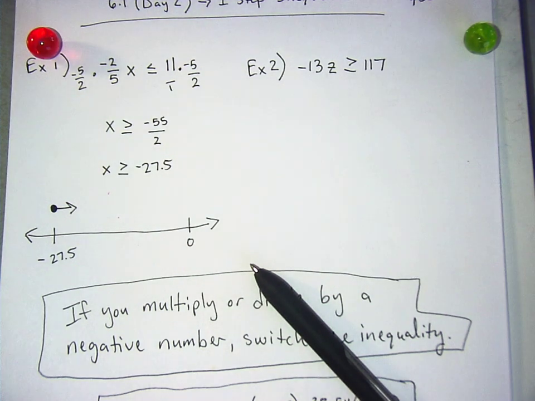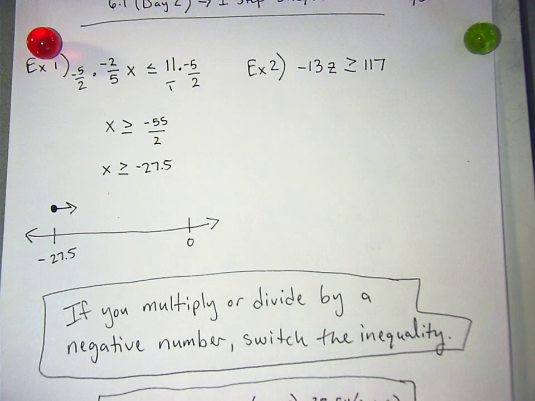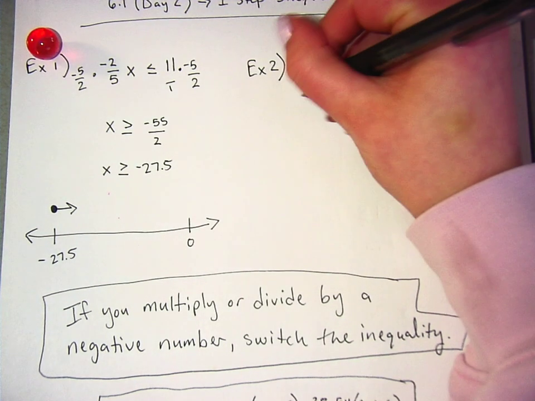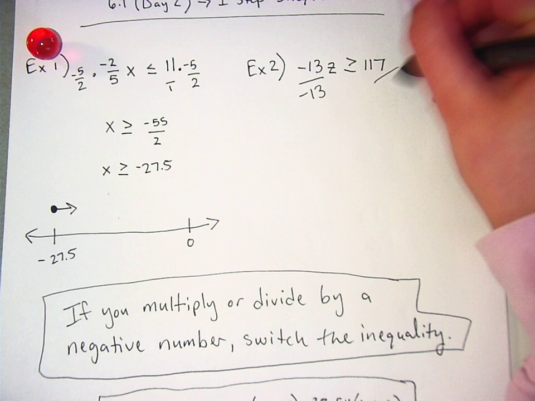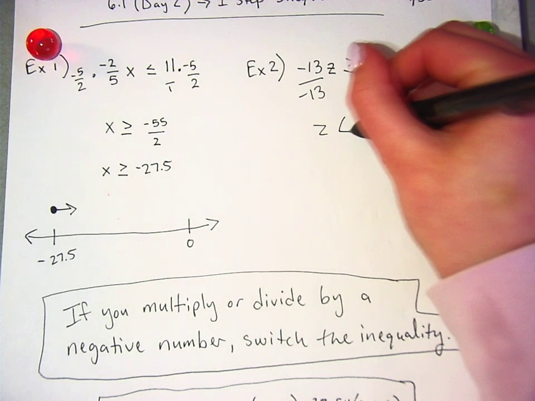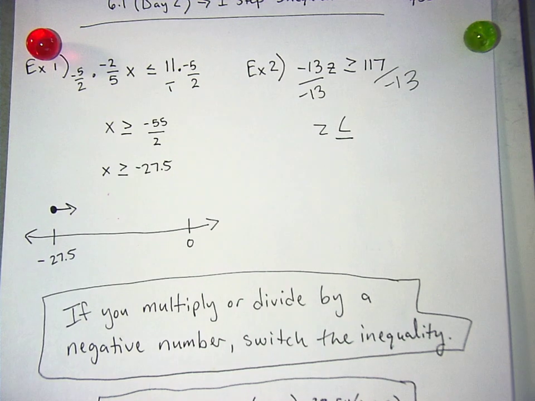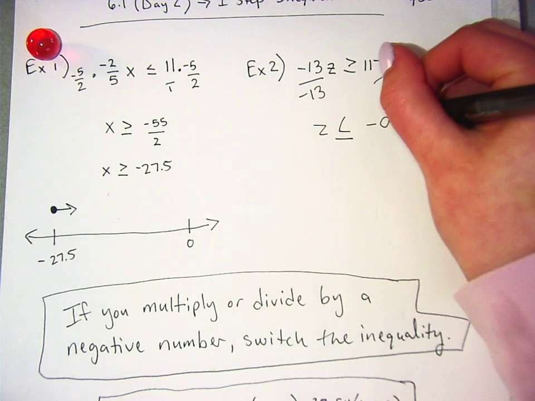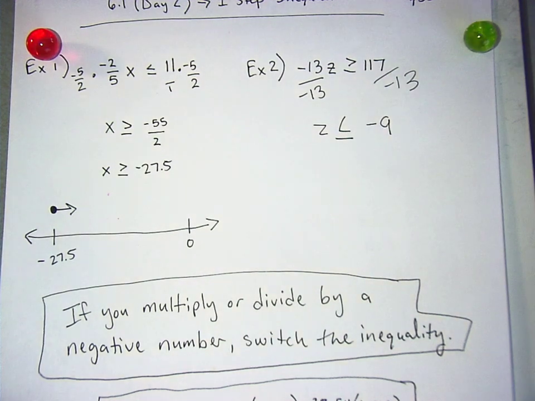Okay, so you divide by the -13 on both sides, and then you have Z, and you have to flip the sign, and then you get -9 from there. I think.